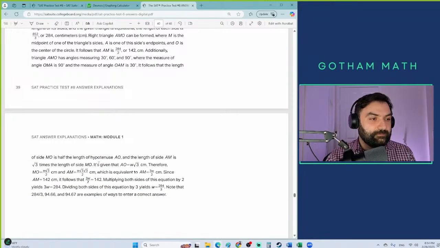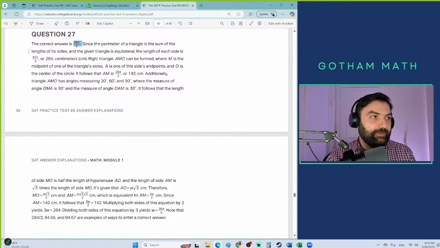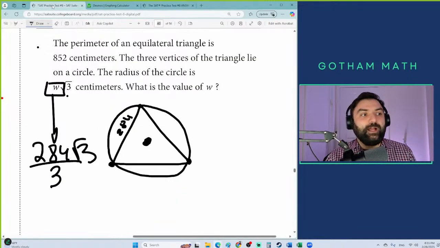Now, in conclusion, we don't have that much time left. I'm not going to go over this explanation. Yeah, I got that exactly right. But I got it right without knowing the rule.